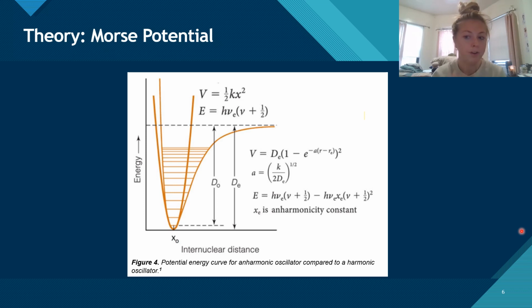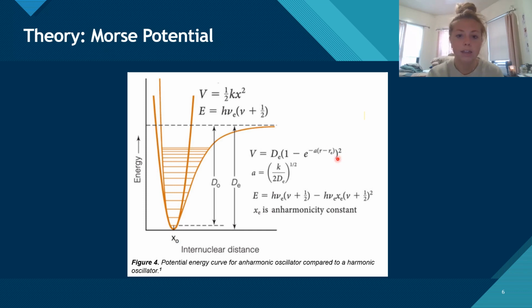In order to account for anharmonicity, which we know that the bond will have, we use the realistic Morse potential, which is represented here. This takes into account the molecular dissociation at large values of x, and x is the displacement, so either stretching or compressing from when the bond is at equilibrium, where it's not stretched or compressed at all. And dE is the potential energy relative to when the bond isn't stretched or compressed.